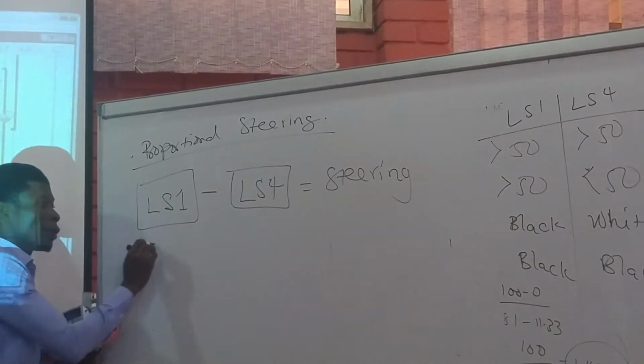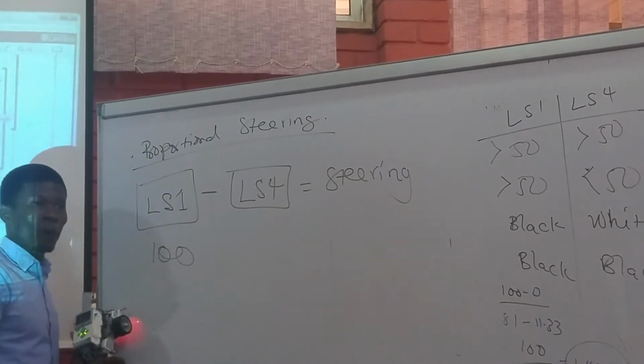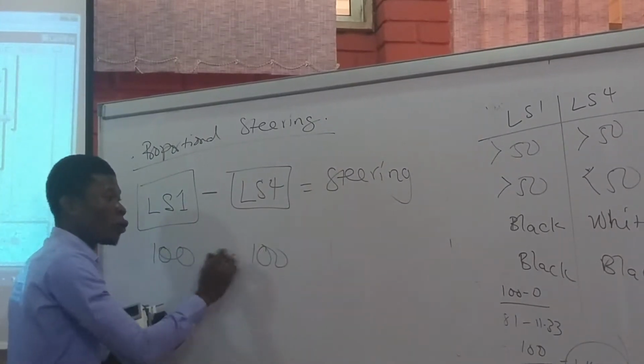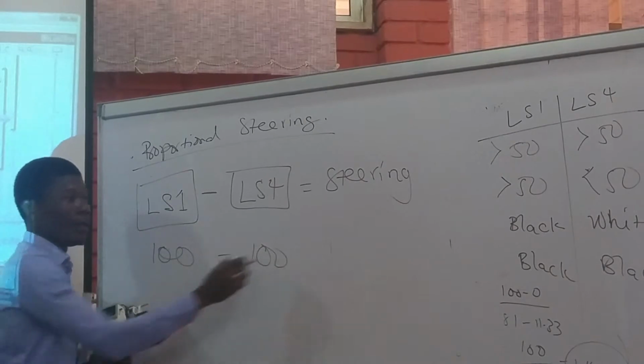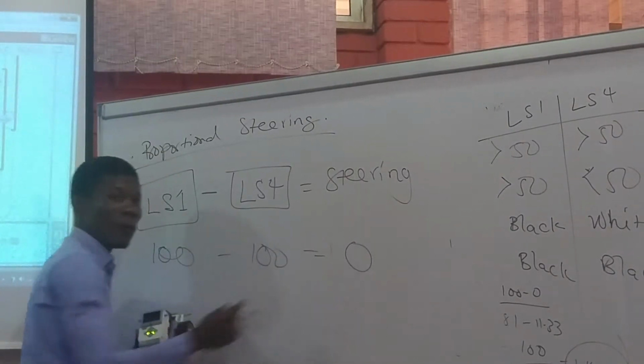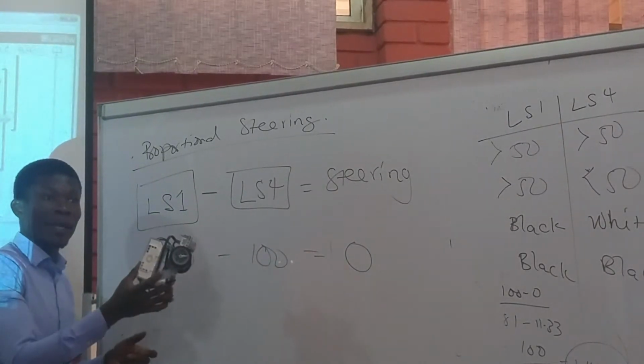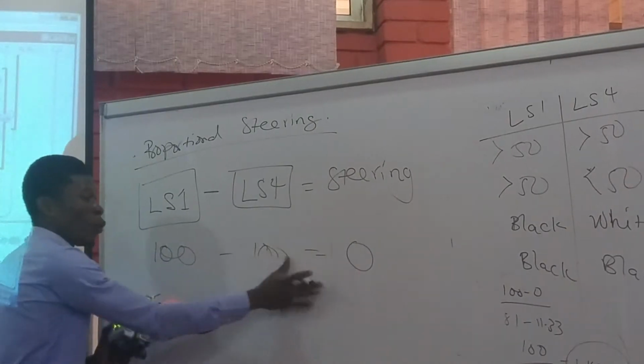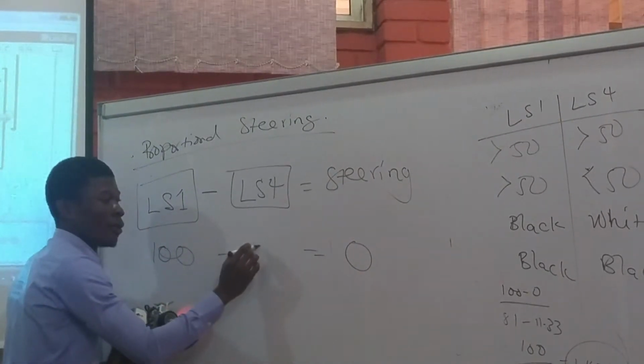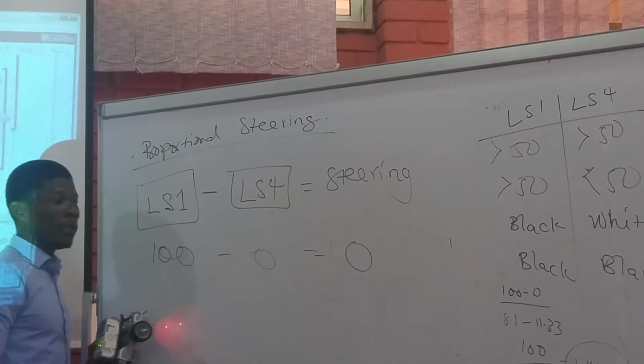If I have this one recorded 100, that means on white, and this one recorded 100, also on white, what is going to happen? Steering will be what? 0. Constant speed, I move forward. I follow it. If I have this on white and this on black, what will be the steering?